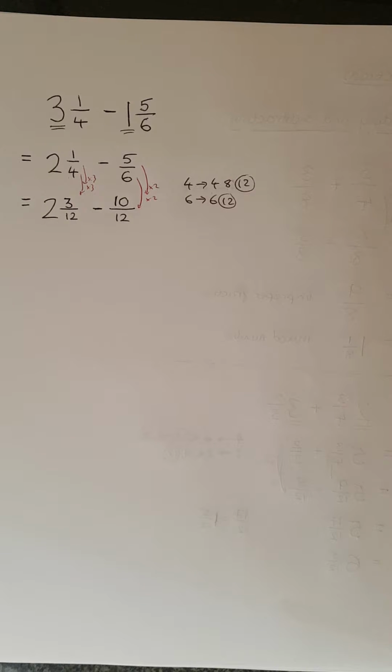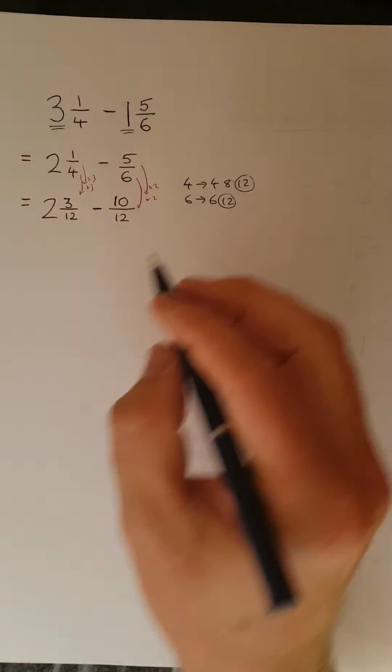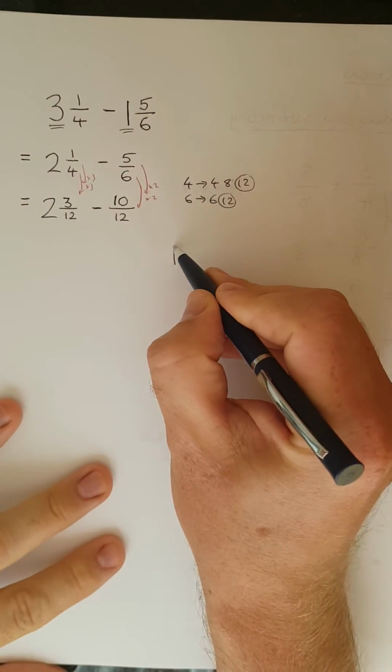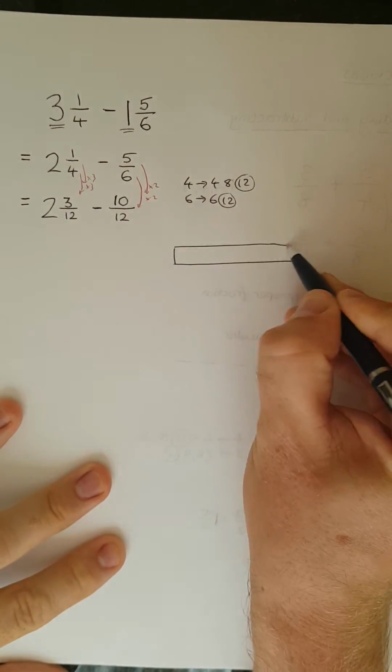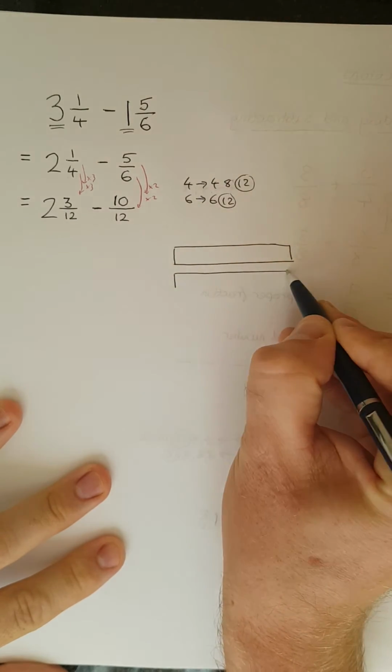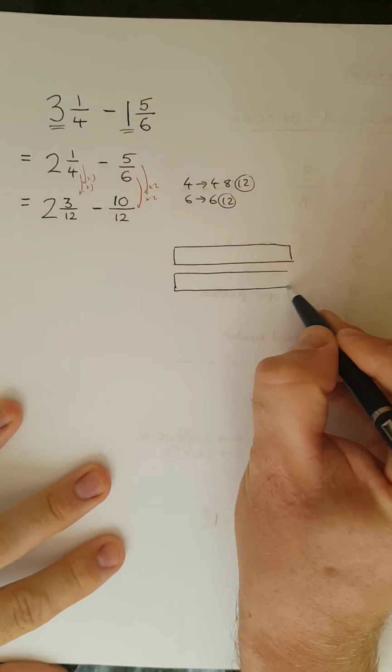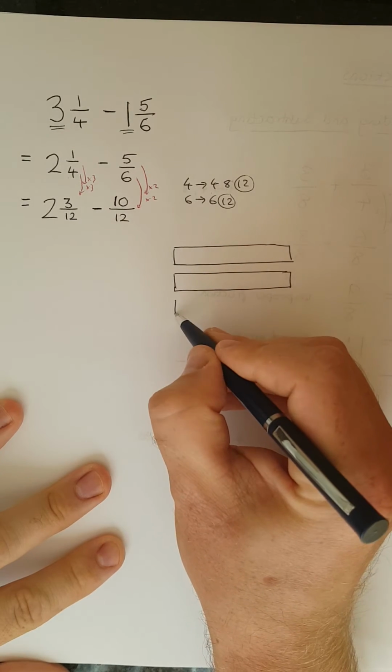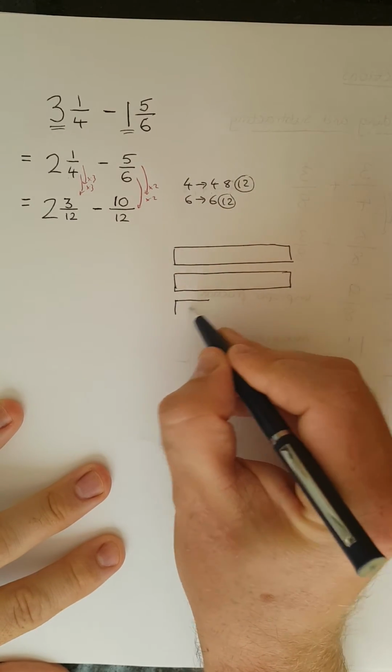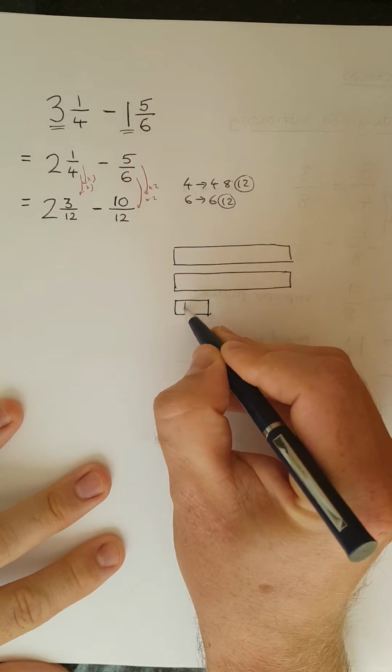Something looks difficult about this next phase, because 3 subtract 10 isn't going to work easily. So, how am I going to do it? Let's visualise the problem. Here are 2 whole ones, and here are, underneath, 3/12.